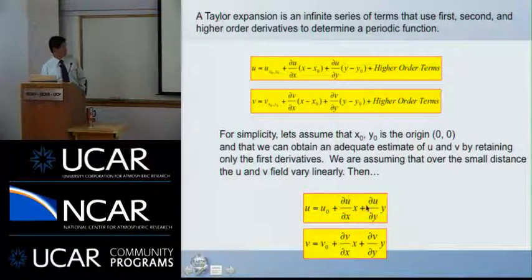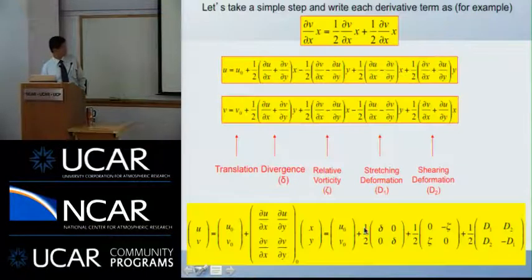If we only consider the linear terms and do some manipulation, which shouldn't be a stranger to most of you as a standard synoptic meteorology textbook has this, then you can derive this equation, which consists of 5 key properties of a linear wind field: the translation term, divergence term, vorticity term, stretching deformation, and shearing deformation.